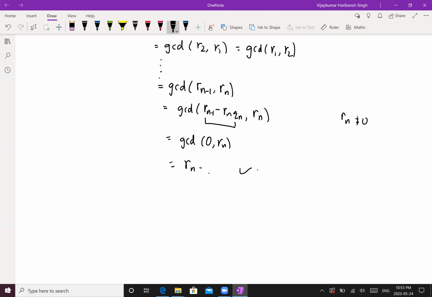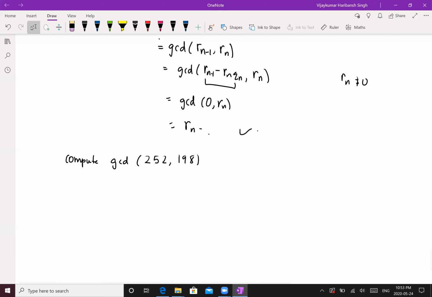So now let's do another example. Compute GCD of 252 and 198 again, but this time we'll write down the steps of the Euclidean algorithm properly.